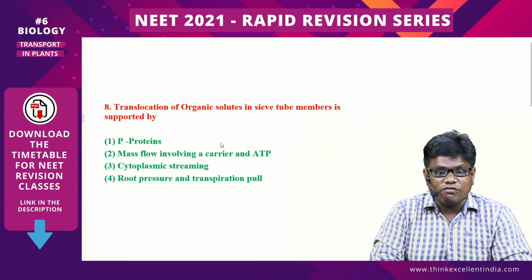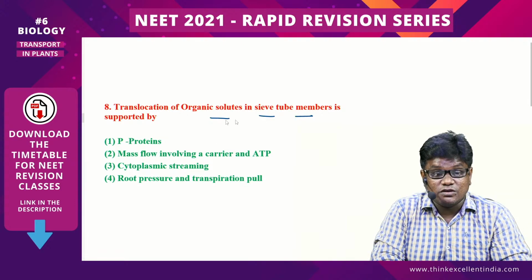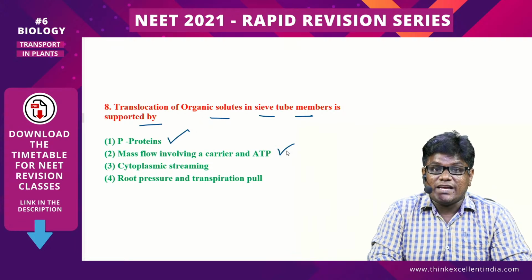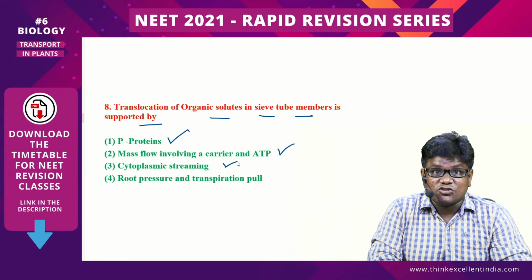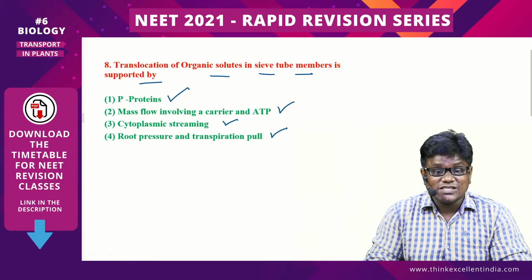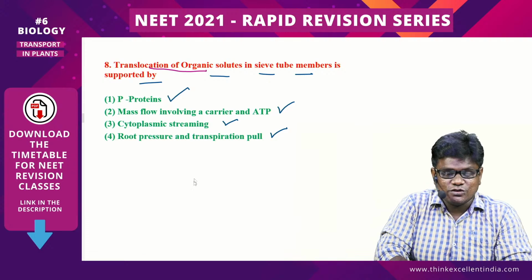Translocation of organic solutes in sieve tube members is supported by P proteins, mass flow involving carrier and ATP, or cytoplasmic streaming, or root pressure and transpiration pull. Students, translocation of organic solutes.